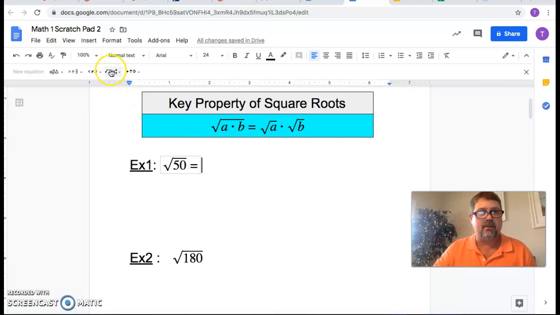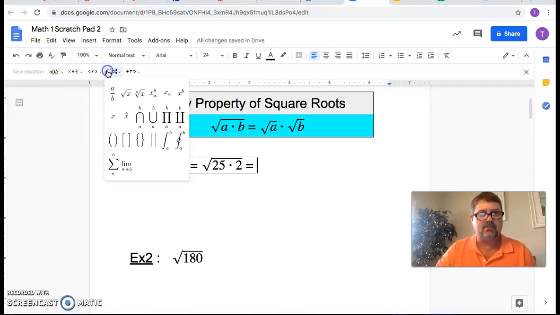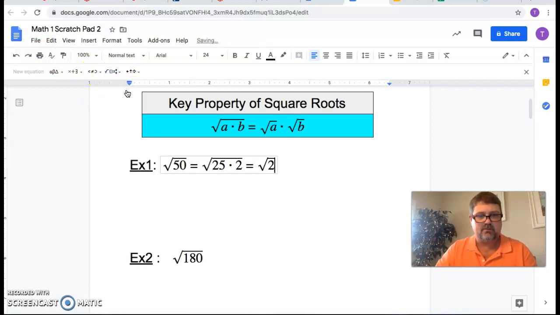So I'm going to call it that because that's a true statement, 25 times 2. And that property allows me to separate this into two square roots. That's the square root of 25 times the square root of 2.